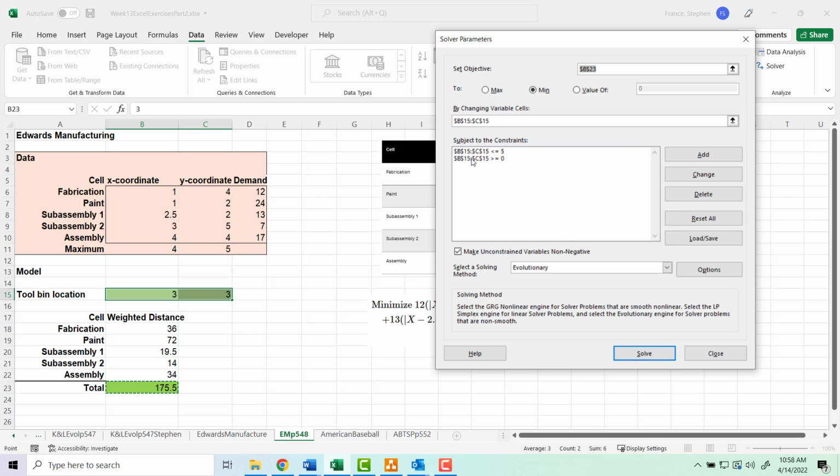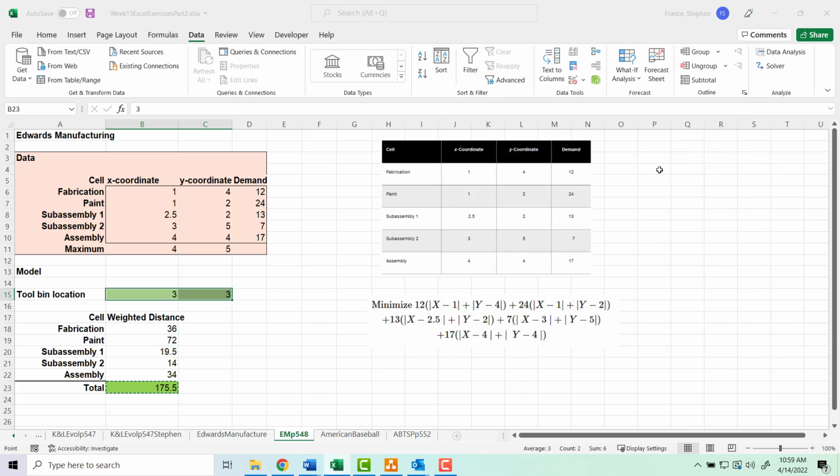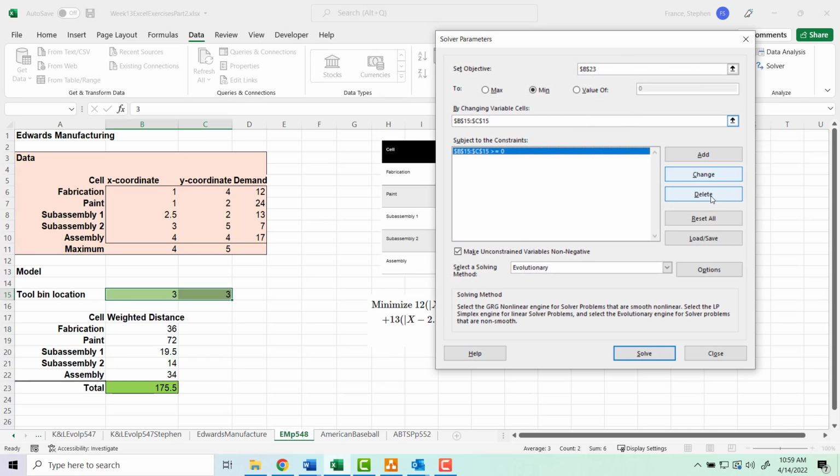So let's go to Solver and start off from scratch. We're going to minimize B23 by setting these variables here. And subject to constraints, we know that we're not getting any bigger than 5. We're not going to bother having any negative x coordinates and y coordinates because everything is going to be positive.